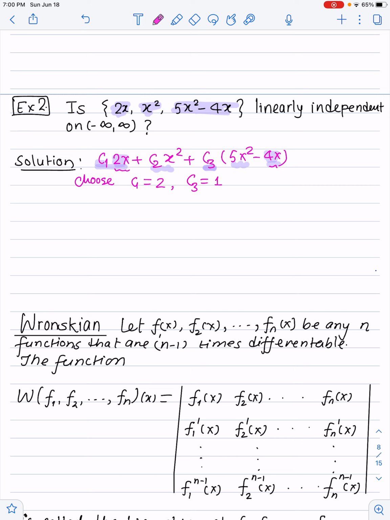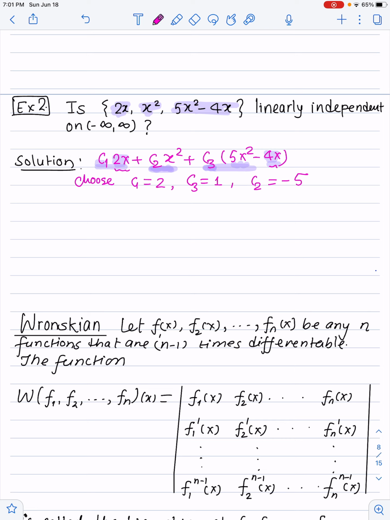So if I choose c2 equals -5, it will be -5x squared. And c3 is already chosen, which is 1. So 1 times 5x squared is 5x squared. So this will be negative 5x squared and this will be 5x squared. That will be cancelled out and it will be 0, right?